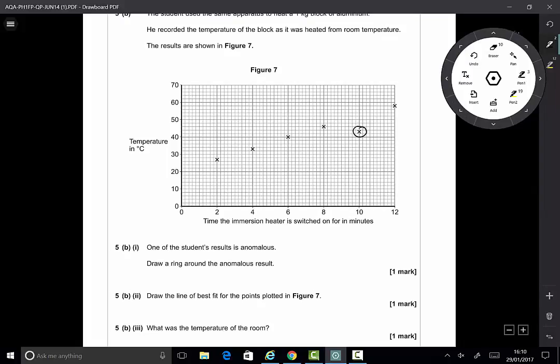So remember, when you're doing a line of best fit, what you want to do is make sure that you have an approximately even number of points on either side of the line. So I'm going to take it from just about here.